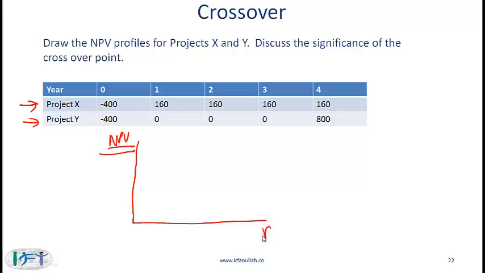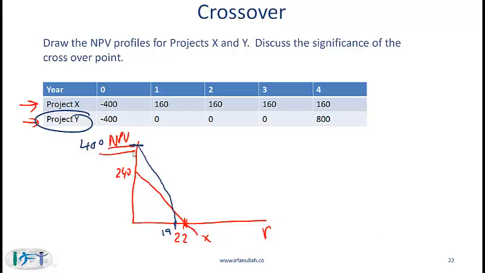The rate is on the x-axis. We already came up with the NPV profile for project X. Let's say that this is project X, where the x-axis intercept was 22%. On the same X and Y axis, I want you to come up with the NPV profile for project Y.